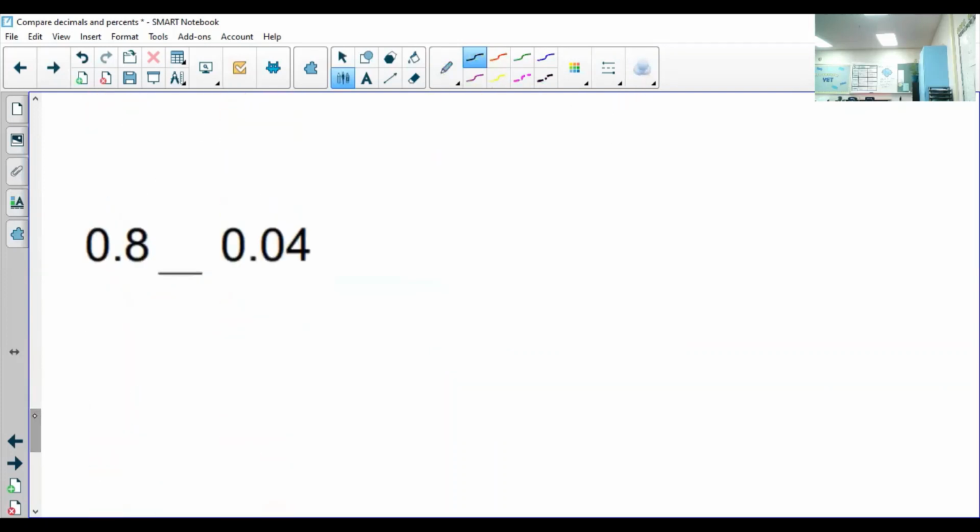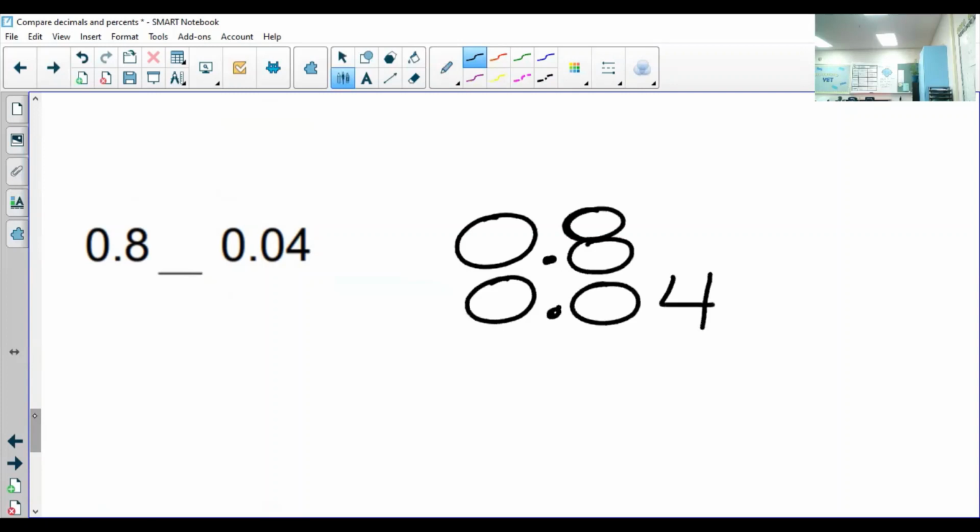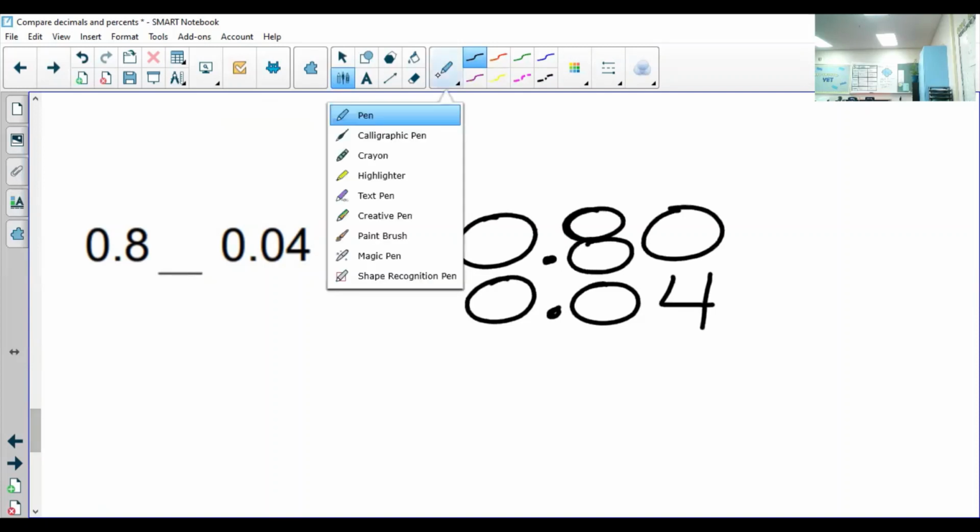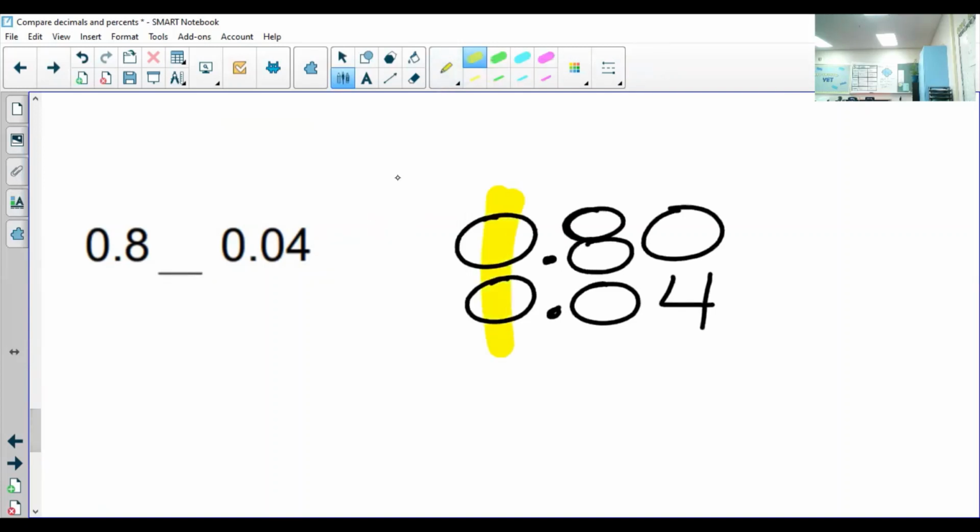All right, here we go. We have 0 and 8/10 and 0 and 4/100. So, fill this spot in with a 0, and let's check our place values. I've got my zeros here, and then I've got 8 and a 0 in my tenths spot. What's bigger, 8 or 0? We know 8's going to be bigger, so that's the symbol I'm going to use, greater than.